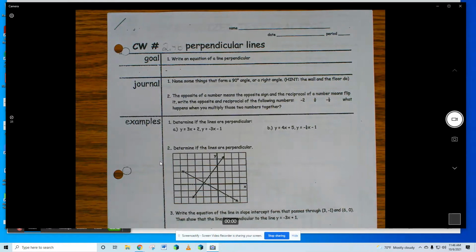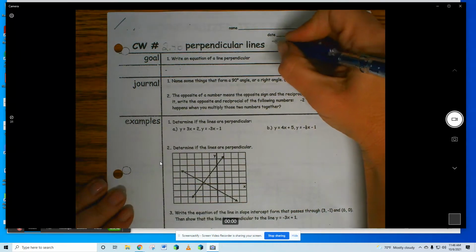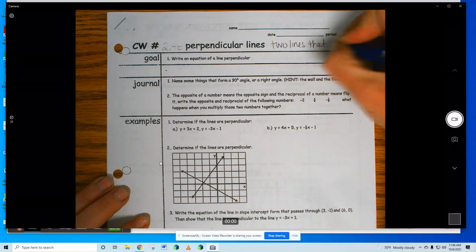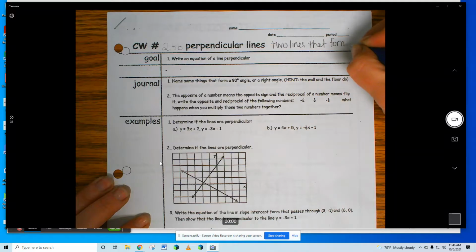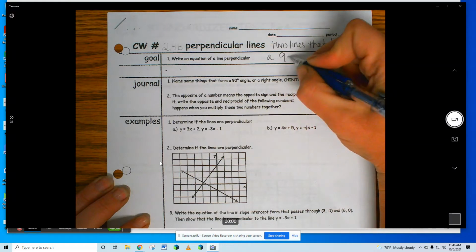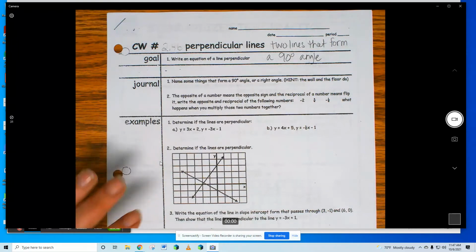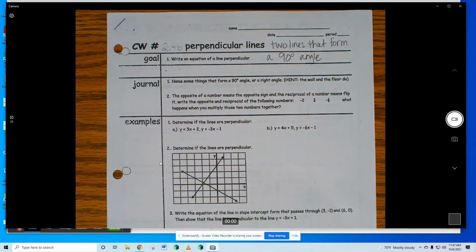The cabinet? Okay, so perpendicular lines are two lines, the bricks, that form a 90-degree angle. So I have two lines that intersect, they make a perfect corner.